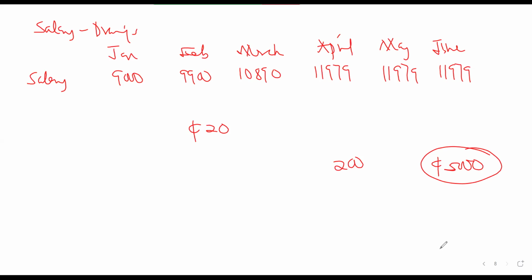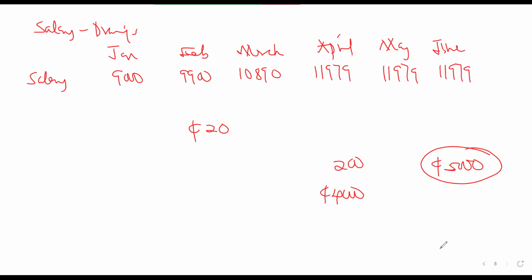Based on our budget, based on our estimate, how much should I have spent on the 200 tomatoes? Would it be 4,000 or 40,000? Sorry, 4,000. Okay, that will be 4,000.